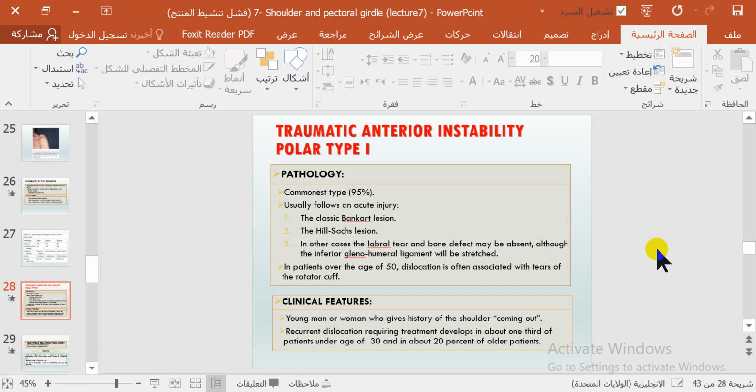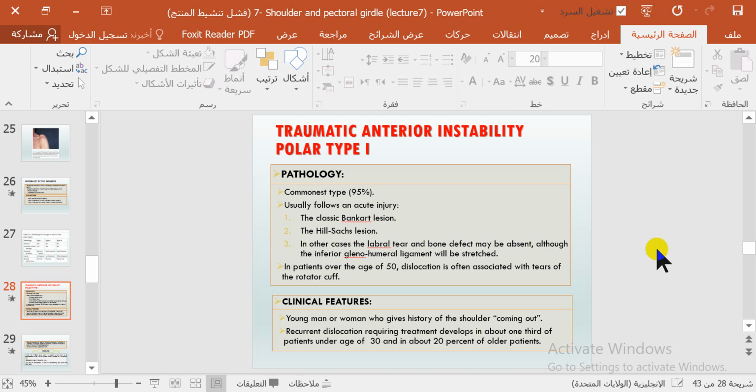As we discussed in trauma in the first 10 lectures, anterior shoulder dislocation is one of the commonest types of shoulder dislocations. Classically, it might end with a Bankart lesion, which is disruption of the labrum in the anterior part, or with a Hill-Sachs lesion, where there is abrasion of the superior lateral part of the head of the humerus.